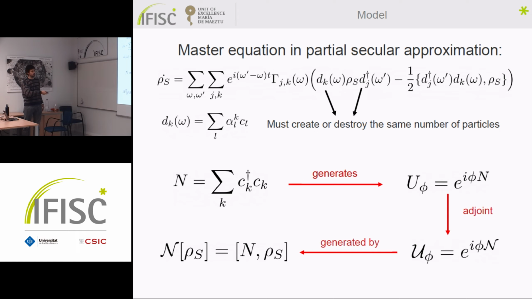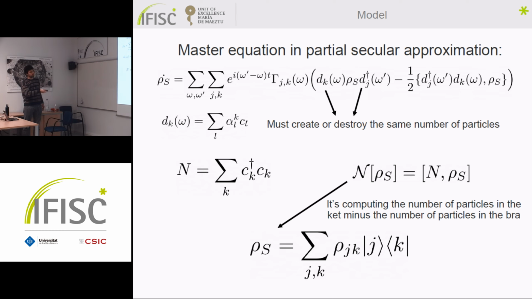So what this number superoperator is doing is, if you have a density matrix and you write it in the basis of excitations of my system, so the basis of how many photons you have in your state, it does this thing with the commutator: n rho s minus rho s n. What does it mean? If you think about it, it's basically computing the number of particles in the ket of the density matrix minus the number of particles in the bra, right? n rho s minus rho s n.